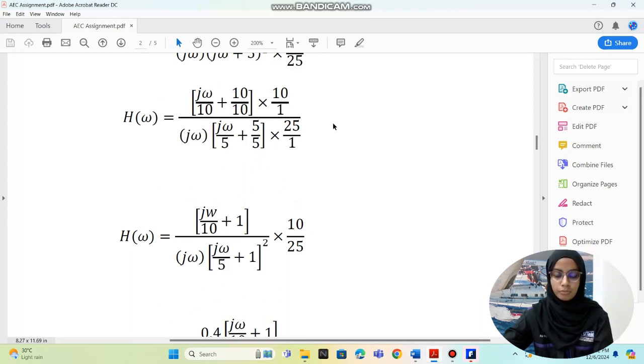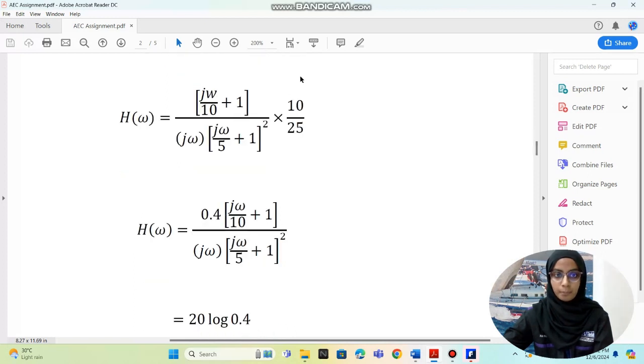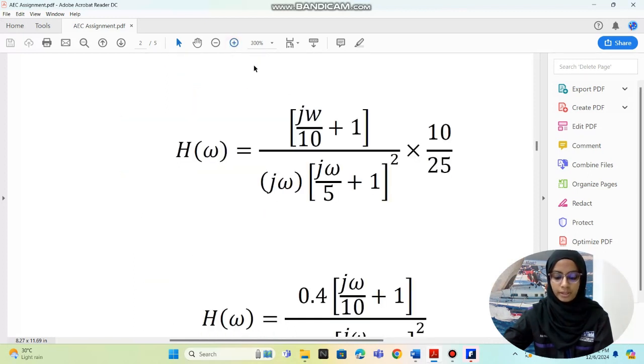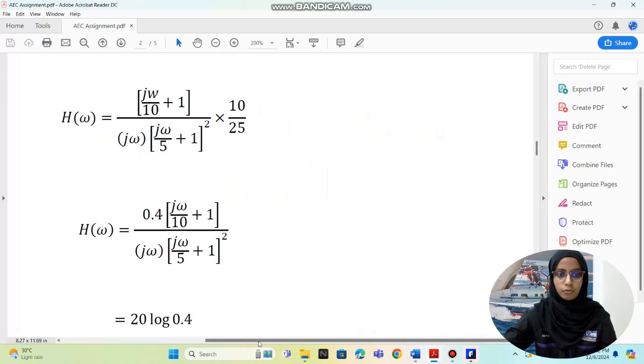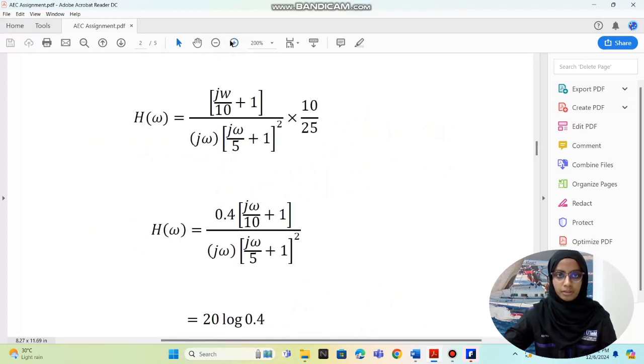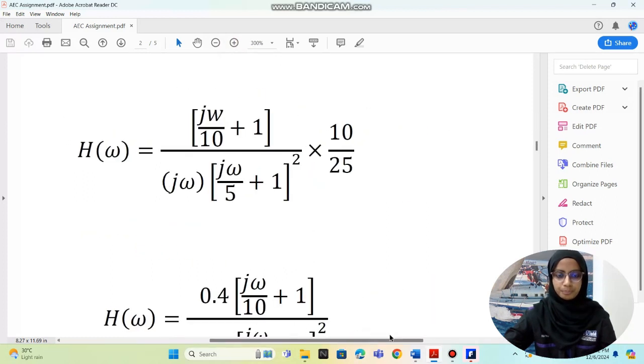So the 25 is from 5 squared, right? So the standard form will be (jω over 5 plus 1) squared times 25. That is the standard form.